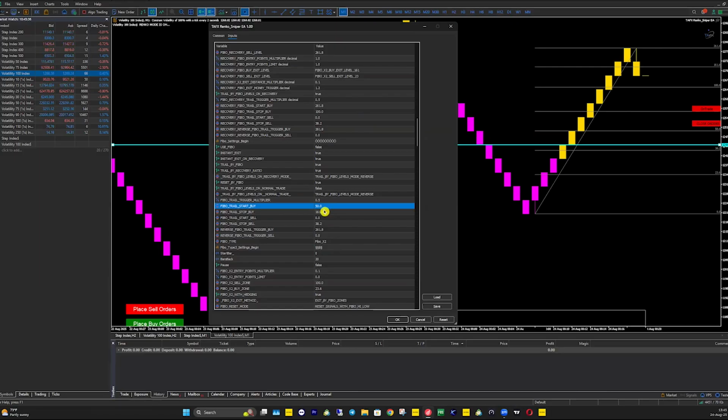This does not mean that the market must reach level 261. This means you can increase or decrease. If I double click here, you can see you can increase or decrease.